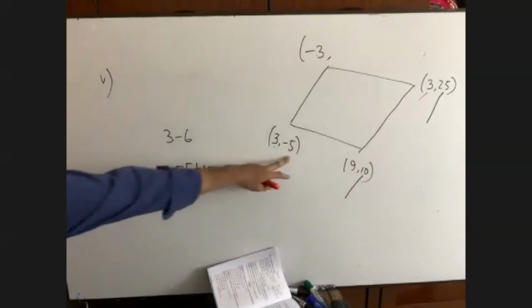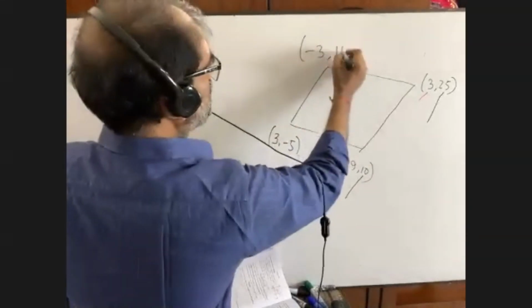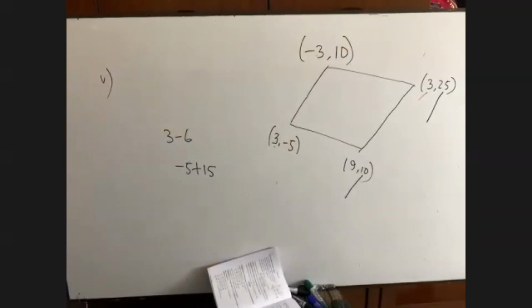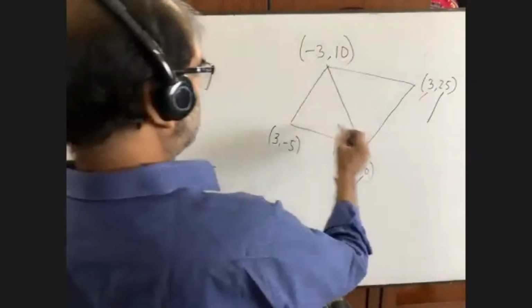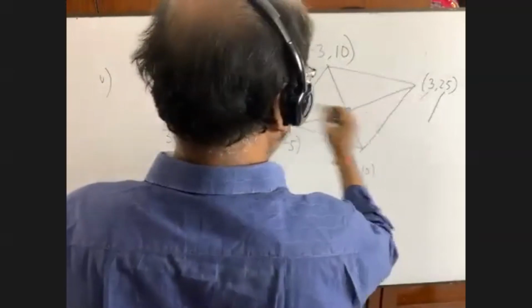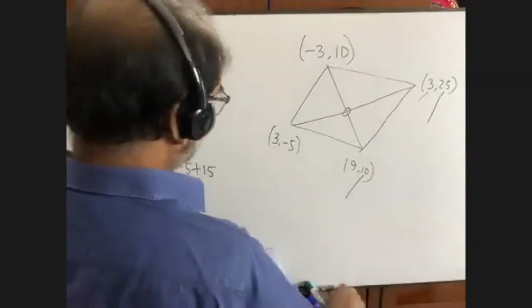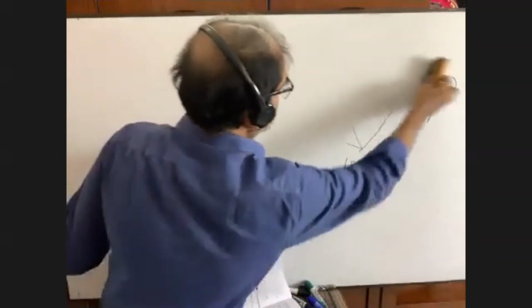So -5 plus 15 equals to 10. If you don't know how to do this in the exam hall for MCQ, you have to join this and find this. Then a lot of calculations you have to go under.